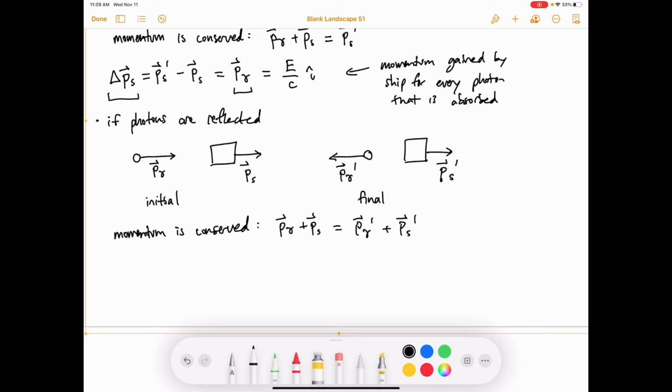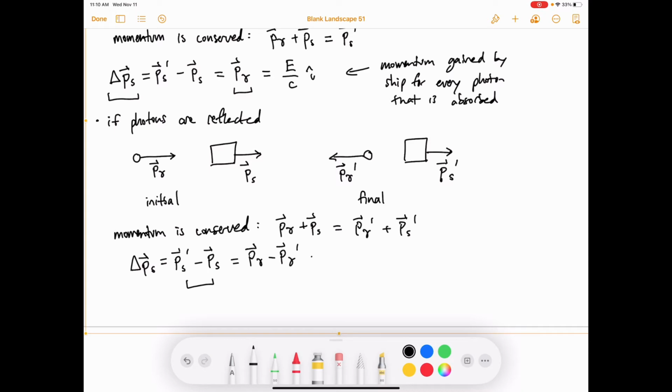Okay, so if we rearrange the equation so that on one side I have PS prime minus PS, on the other side of the equation, I'm going to have P gamma minus P gamma prime. And of course, what we have here is the change in momentum of the ship, which we'll call delta PS. That's going to be, again, P gamma minus P gamma prime.